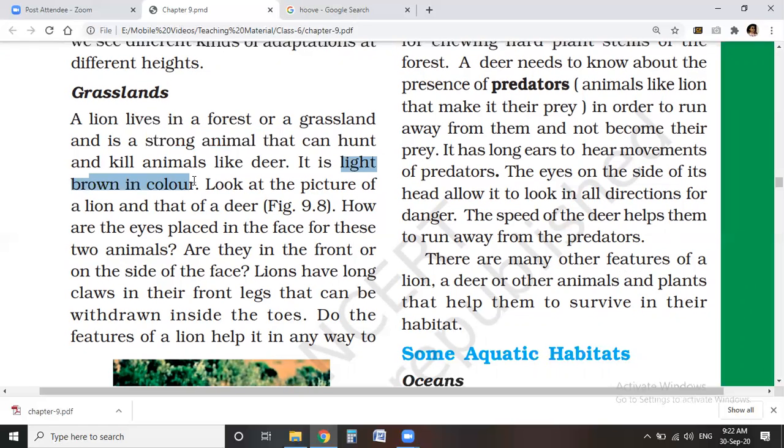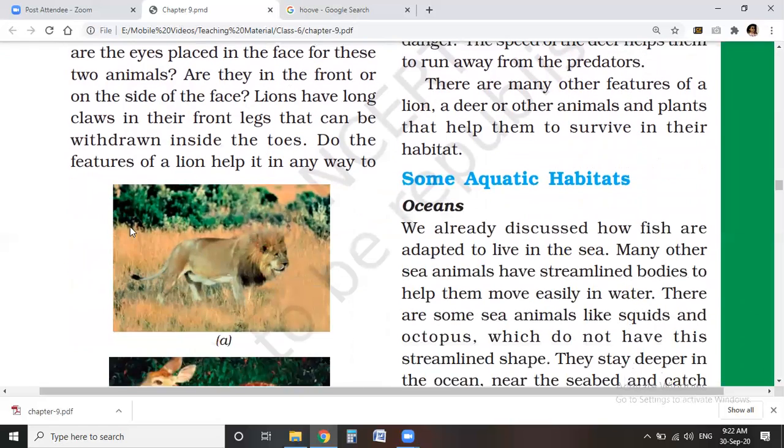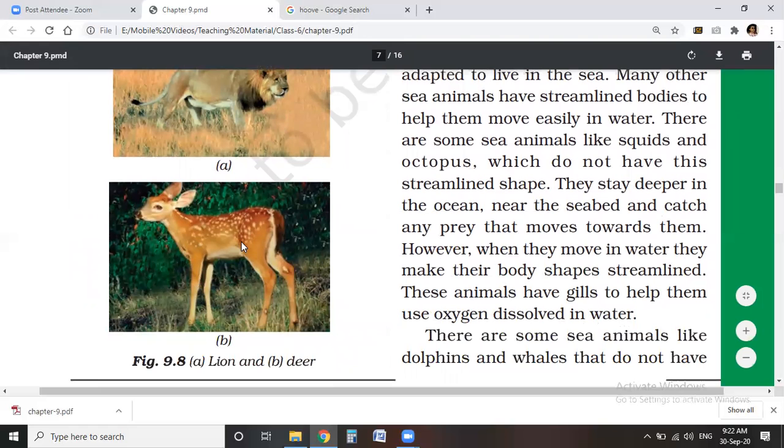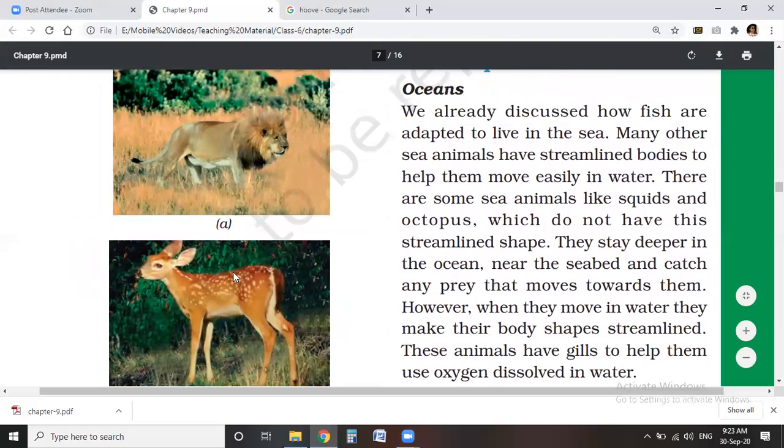In this picture A, a lion is shown, and in picture B, a deer is shown. When we see the color of both animals, they are adapted to hide in the grass.